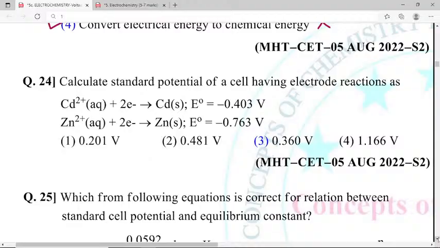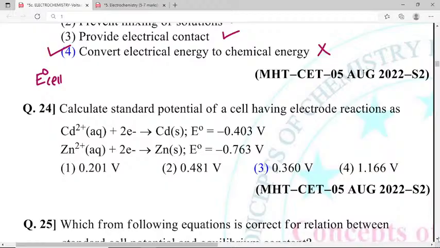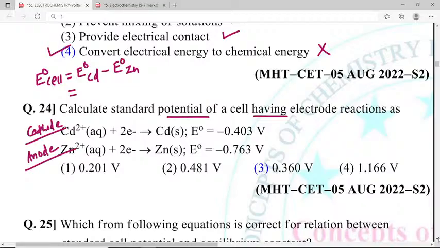Next question: calculate the standard potential of a cell having the given electrode potentials. So how to calculate the standard potential? E naught cell is equal to E naught cathode minus E naught anode. Cadmium is the cathode and zinc is the anode.